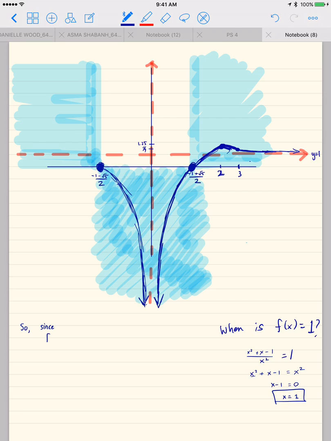Since f of x equals 1 happens only when x equals 1, the graph of f of x crosses the asymptote only once.